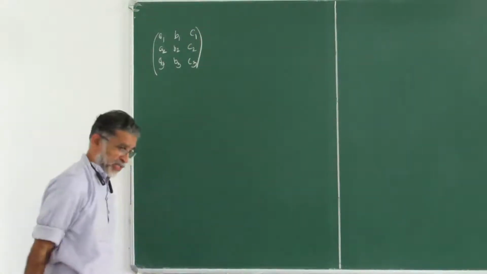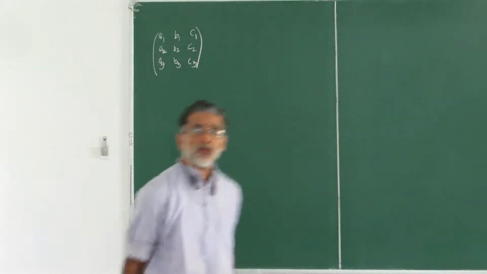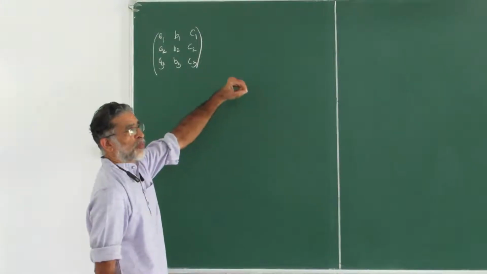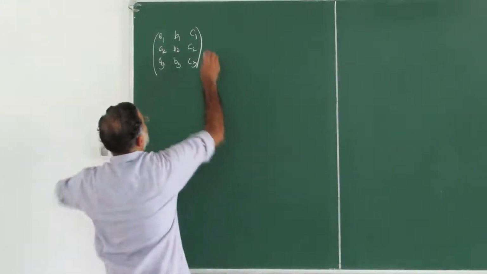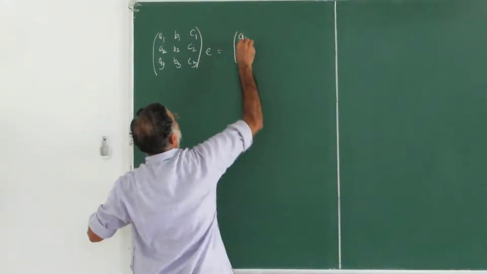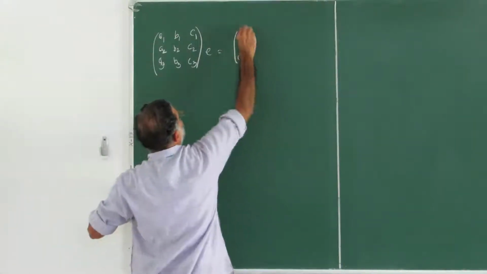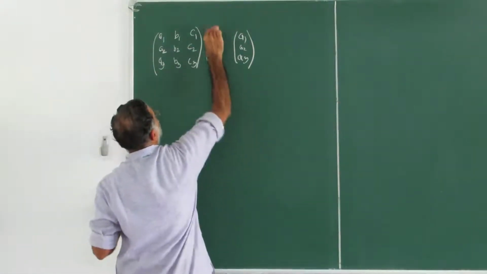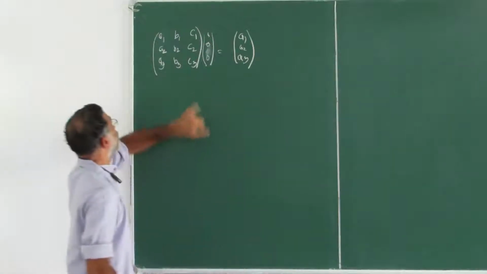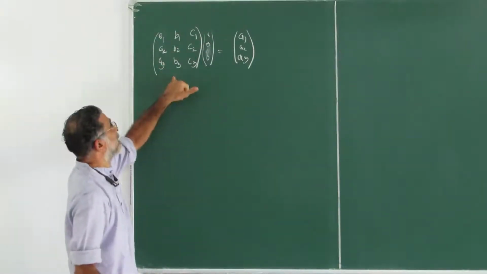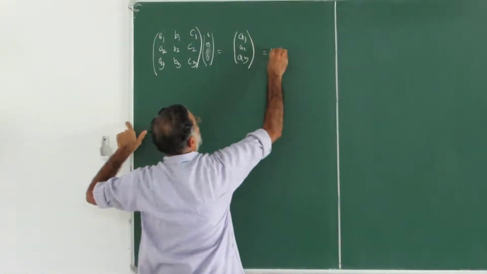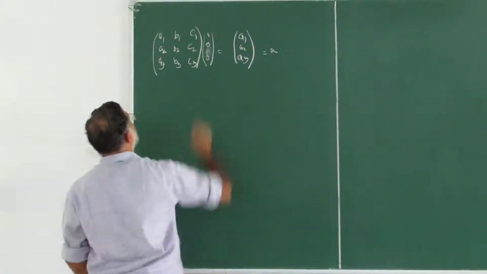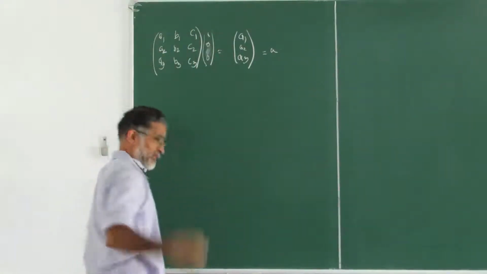If you take this matrix and evaluate E1, the standard 1, 0, 0, you are going to get A1, A2, A3. If you evaluate E2, which is 0, 1, 0, you get B. And if you evaluate E3, you get C. So that means this matrix is a very general thing.